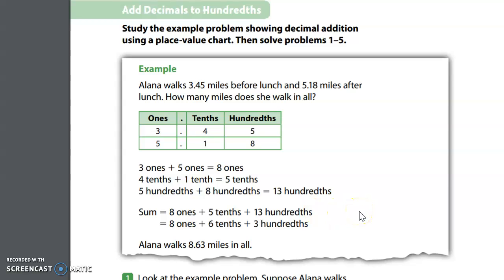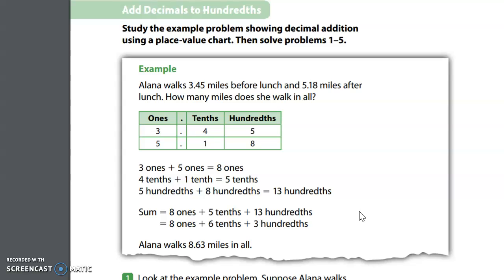But the thing of it is, since you have 13 hundredths, you would have to regroup, and place 10 hundredths into the tenths place, which adds 1 tenth to the tenths place.